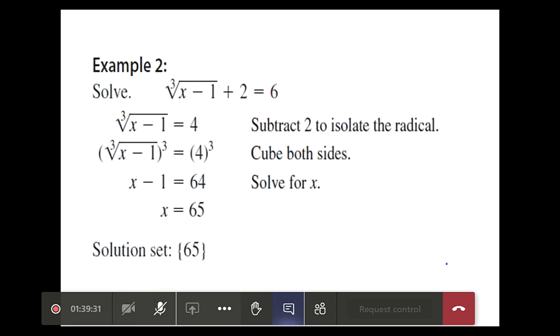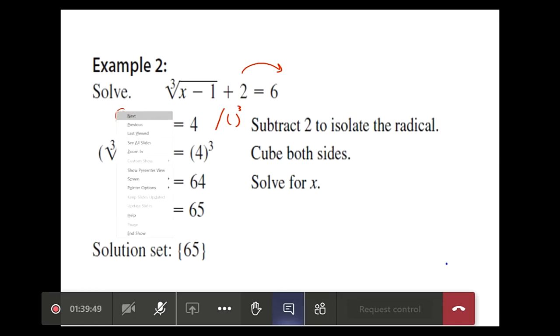Look at this example. We have a number, move it to the right hand side. So we have 6 minus 2 equals 4. Take the cube for both sides, because we have a radical with index 3.